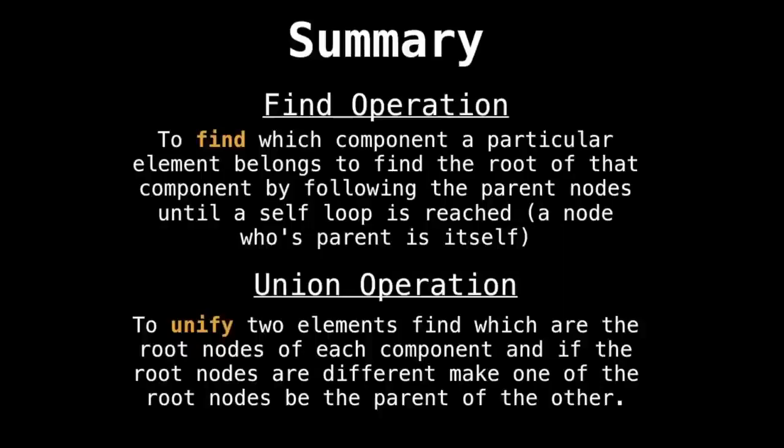And to unify two components together, we find the root nodes of each component, and if the root nodes are different, because if they're the same, they belong to the same component already, make one of the root nodes become the parent of the other root node.